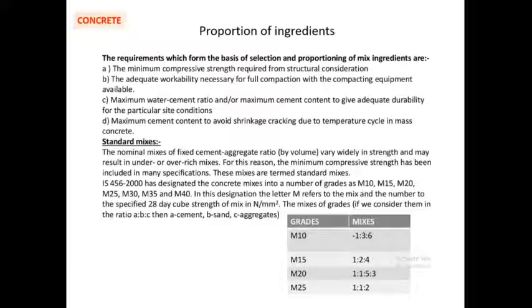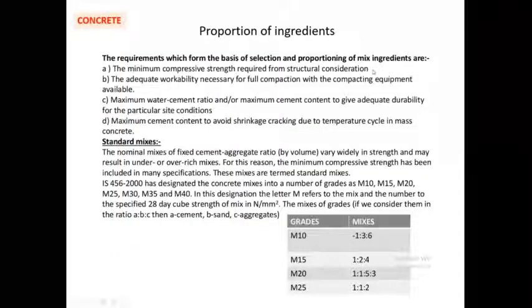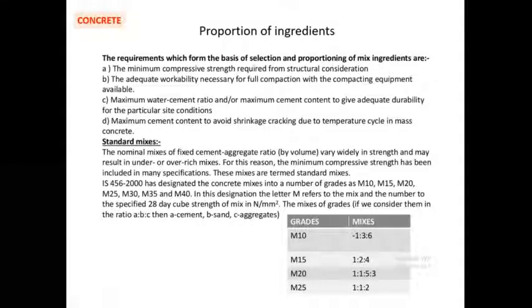Okay, so as per IS 456:2000, there are designated concrete mixes and they have designated them into a number of grades, M10, M15, M20, likewise. So as per these charts, for M20 grade of concrete, you will use 1 portion of cement, 1.5 portions of sand and 3 portions of aggregate. Now this mix will give you 20 Newton per mm square strength at the end of 28 days of curing.